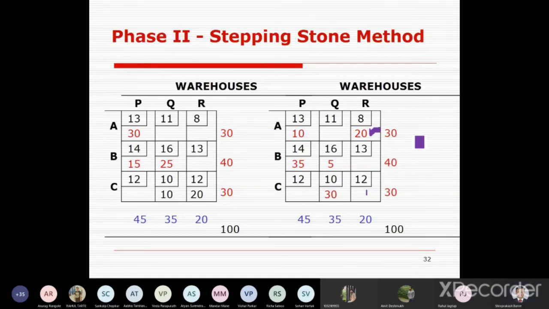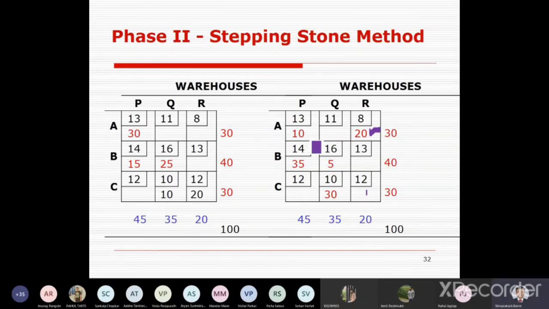Like this, we have to maintain it, or in one step we are able to maintain this: wherever there is a plus, add the units. Find out the minimum allocation at the negative corner, and add those units wherever there is a plus sign, subtract those units wherever there is a negative sign.